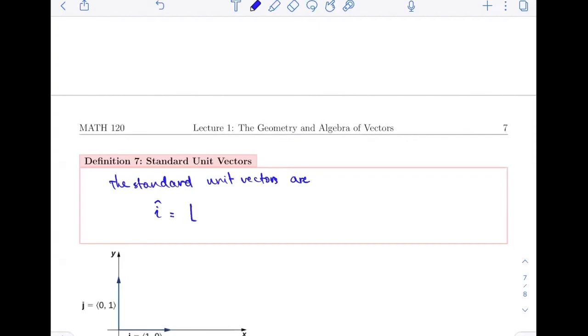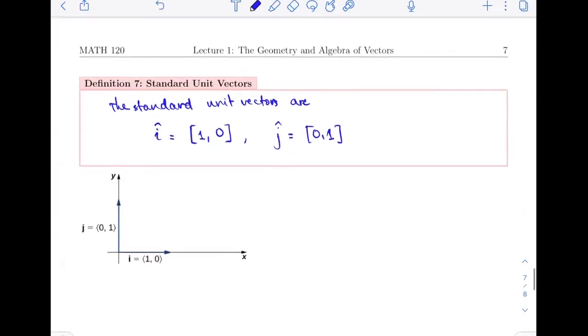Because it's in the x direction only, the first component is equal to 1 and the second component is equal to 0. For the unit vector in the y direction, this is equal to the vector 0, 1. So the x component is equal to 0 and the y component is equal to 1.